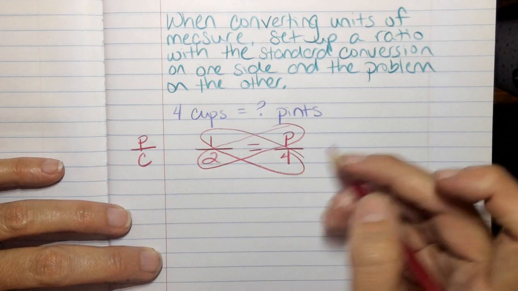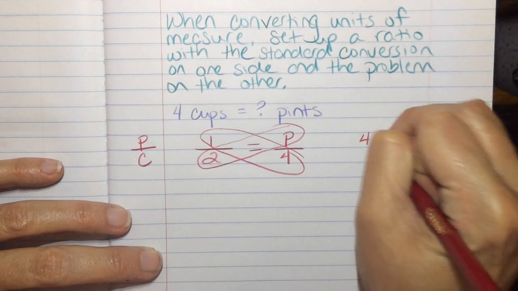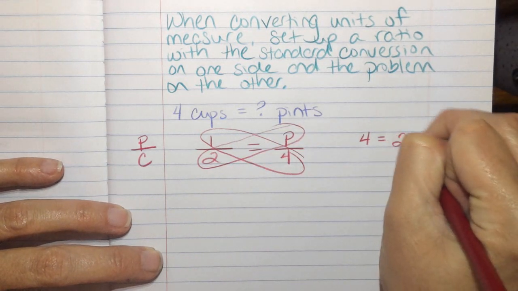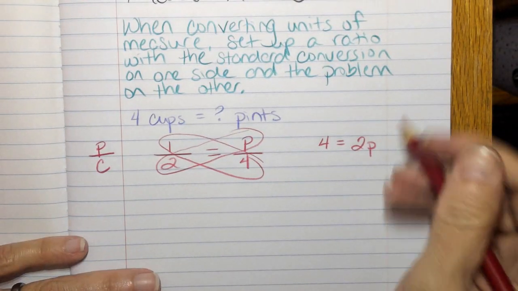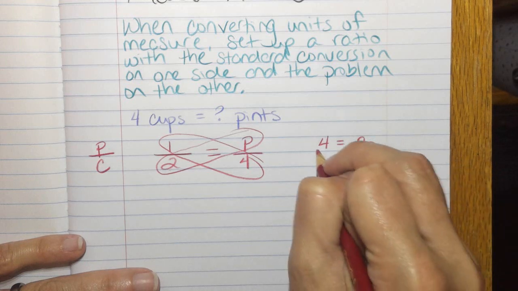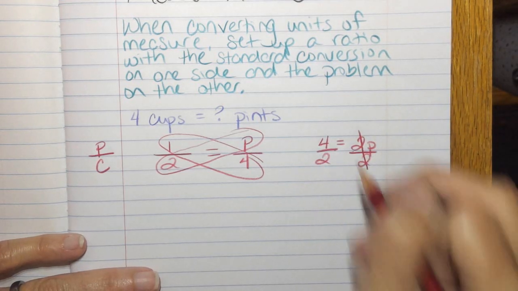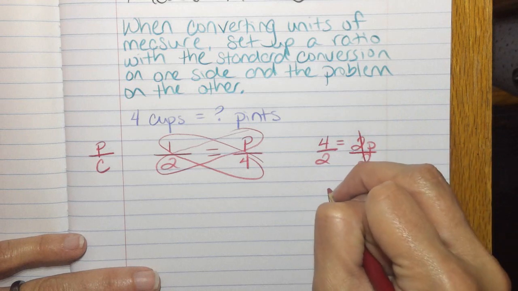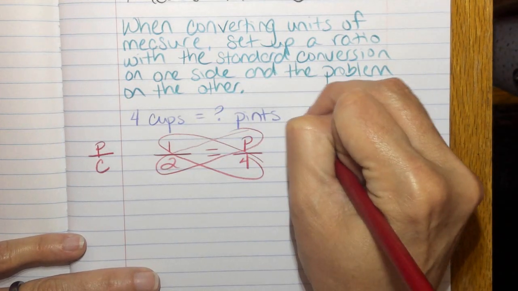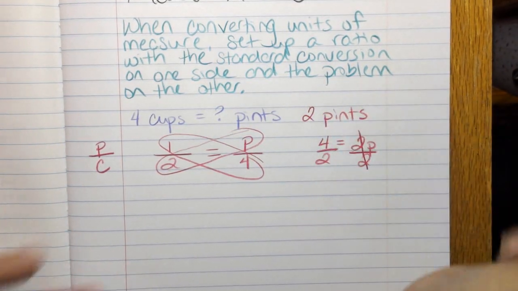4 times 1, or 4, is going to be equal to 2 times the number of pints. So I have to divide both sides by 2. 4 divided by 2 is 2. So 4 cups equals 2 pints.